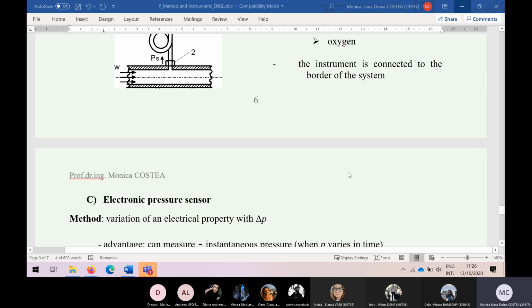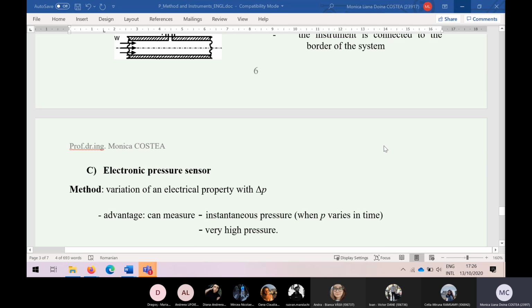The last apparatus that we are presenting is this electronic pressure sensor, having as method the variation of an electrical property. So we pass into the electrical field, transforming the pressure variation into electrical property variation.